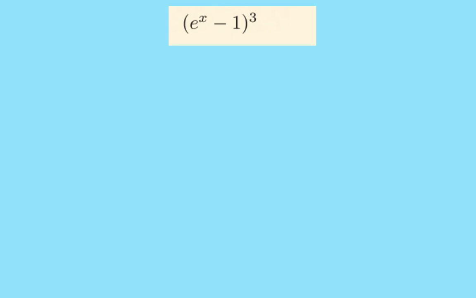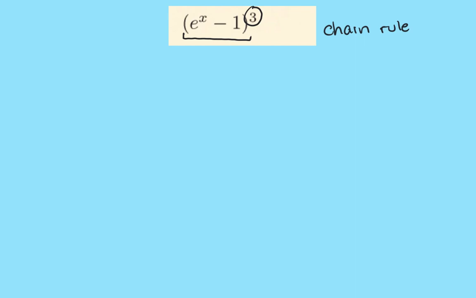Okay, now what have we got here? We've got a function that's raised to a power. So what's inside the function can be differentiated, but we've got a power. That tells us we need a chain rule.